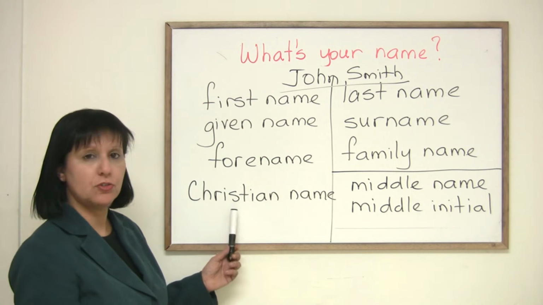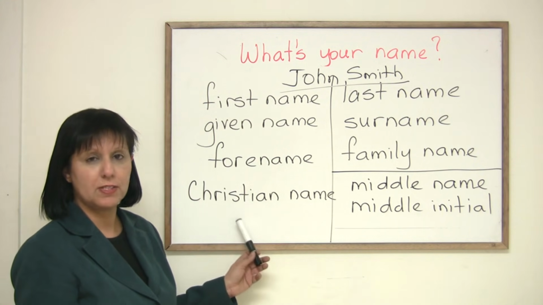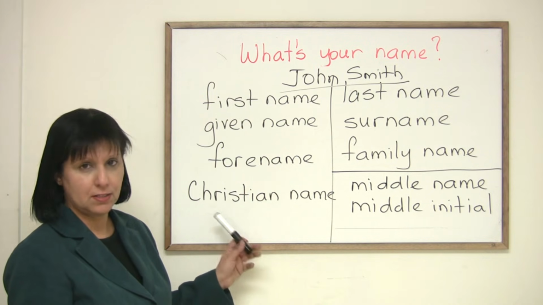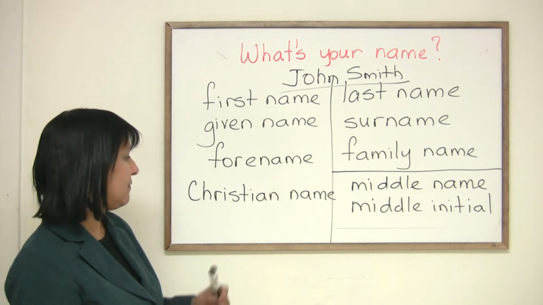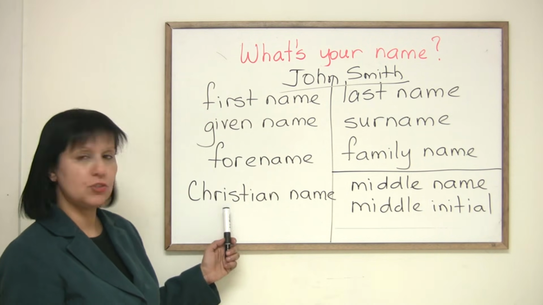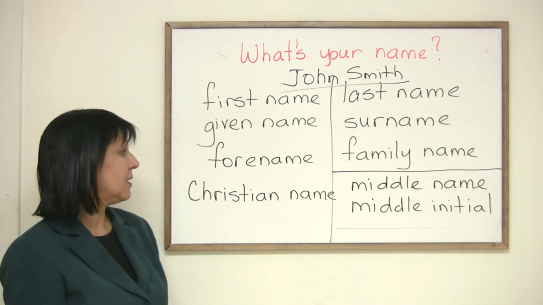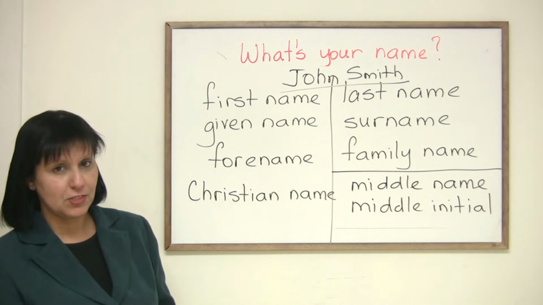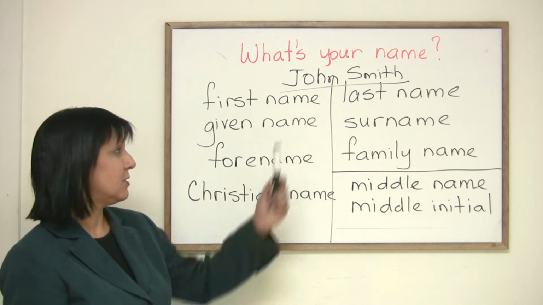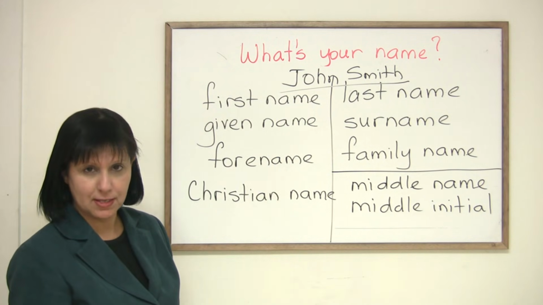So if you hear the term Christian name, of course, that will only apply to a Christian. If you're of any other religion, that will not apply to you. However, it is used, so Christian name means the first name, forename is the first name, given name is the first name, and first name is John, all right, in our example.